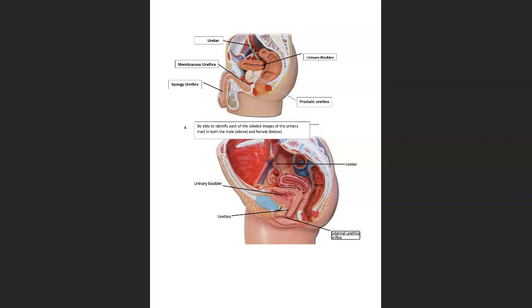So we refer to this part of the male urethra as the spongy urethra. In the male, the entire length of the urethra is roughly 20 centimeters, whereas in the female, of course, it's only 4 centimeters. The vaginal canal is behind it, and the rectal canal is behind the vaginal canal.